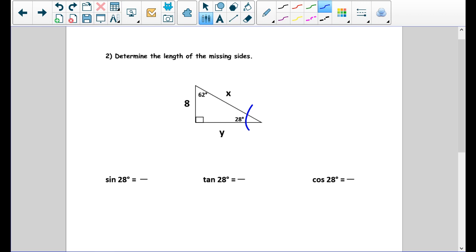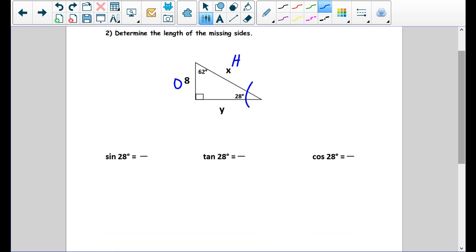X. X is the hypotenuse. What other side do we know? The 8, which is the opposite. What uses opposite and hypotenuse? Sine. So I'm looking at sine of 28, which is opposite, my 8, over hypotenuse, my x.